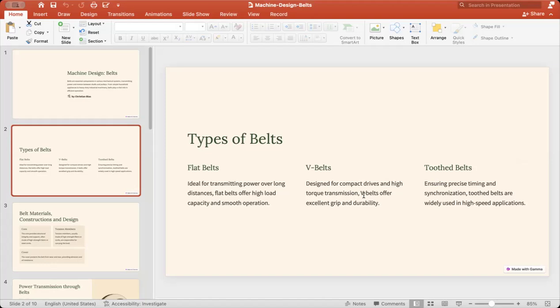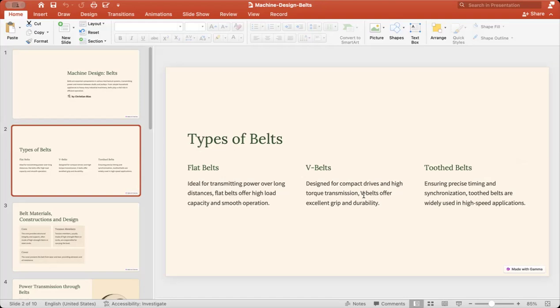But the disadvantage is that it is noisy, and the tension should be high in order to keep the slip to 2%. The tension also results in high bearing loads and belt stress. So that is for the flat belts.